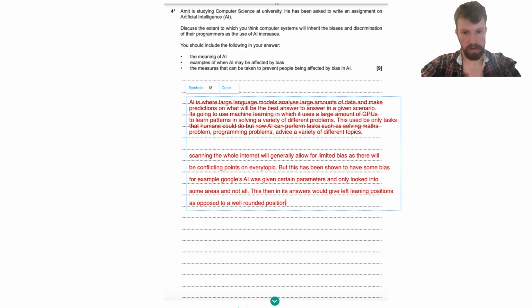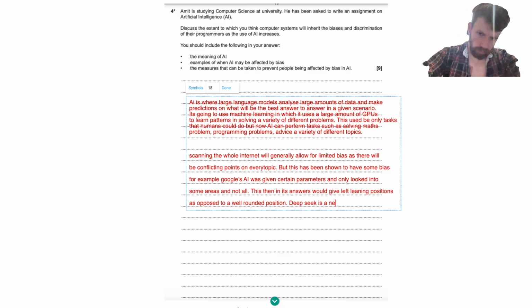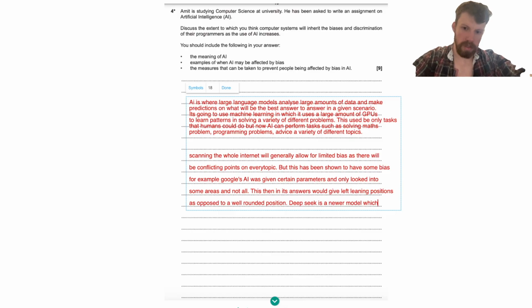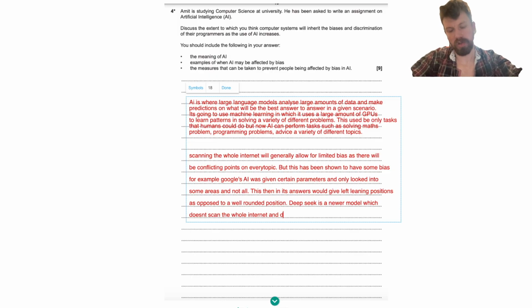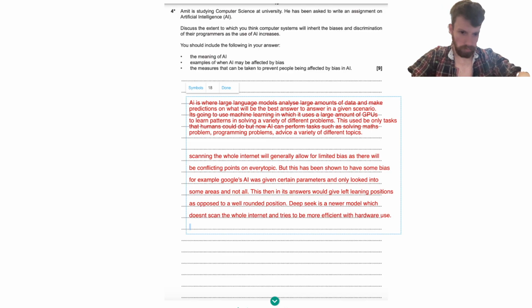Well-rounded position. DeepSeek is a newer model, which doesn't scan the whole internet and tries to be more efficient with hardware use.